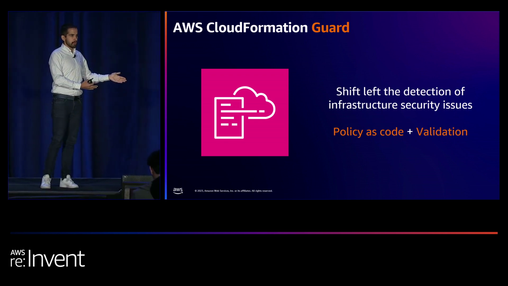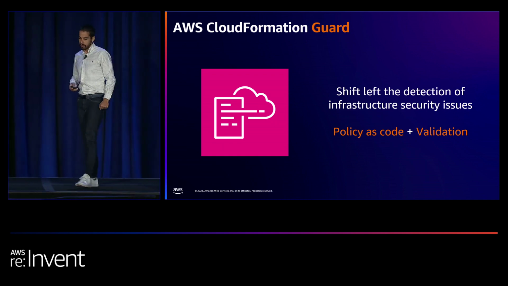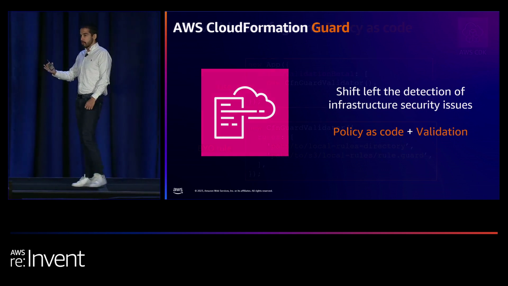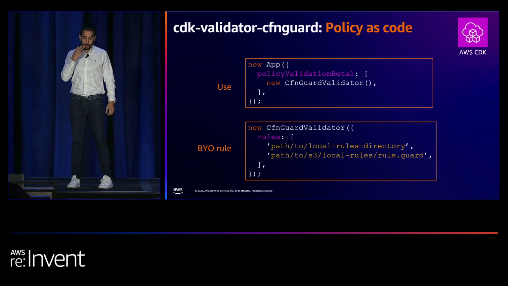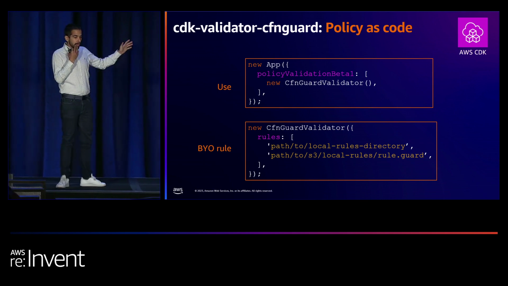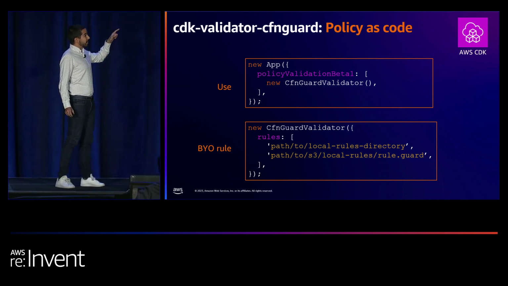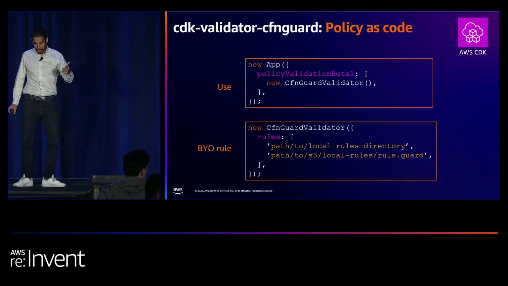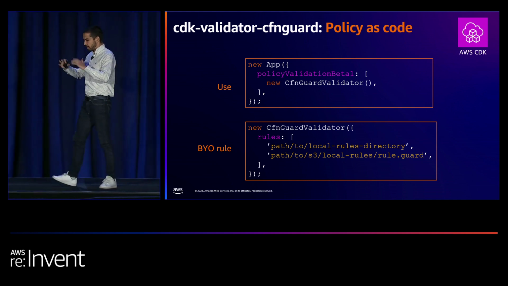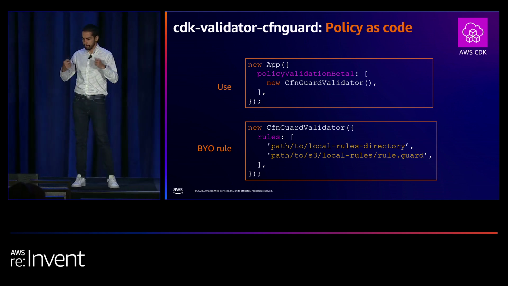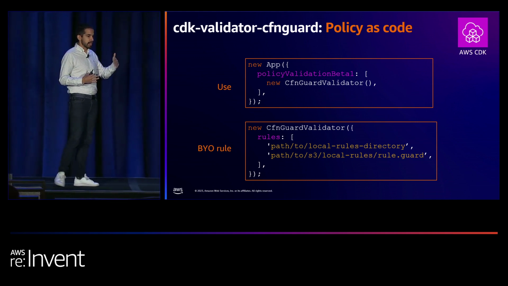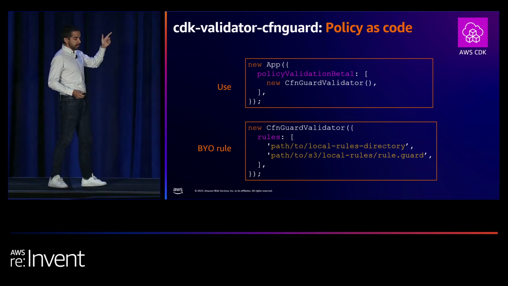So you define the policy, and you use the policy to validate. And this is something that you can use at synthesis time in your build phase. So this is what it looks like for CDK. You can use the CDK Validator CFN Guard plugin, because CloudFormation Guard works for normal CloudFormation in YAML or JSON, but you need this plugin for CDK.